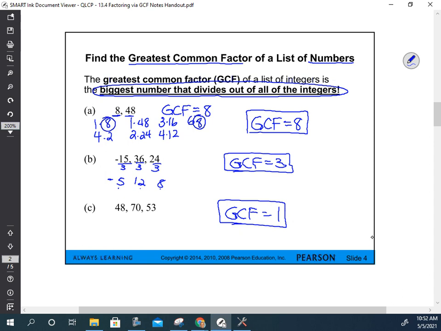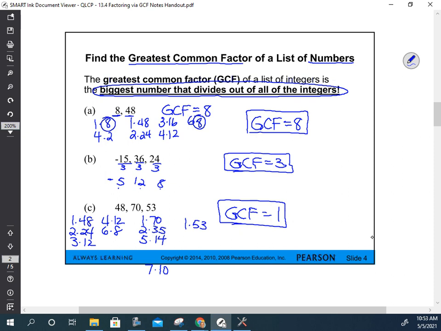Again, the easiest way to see this is visually, though you don't have to write this part down. 48 is 1 times 48, 2 times 24, 3 times 16, 4 times 12, 6 times 8. 70 is 1 times 70, 2 times 35, 5 times 14, and 7 times 10. 53 is just 1 times 53.